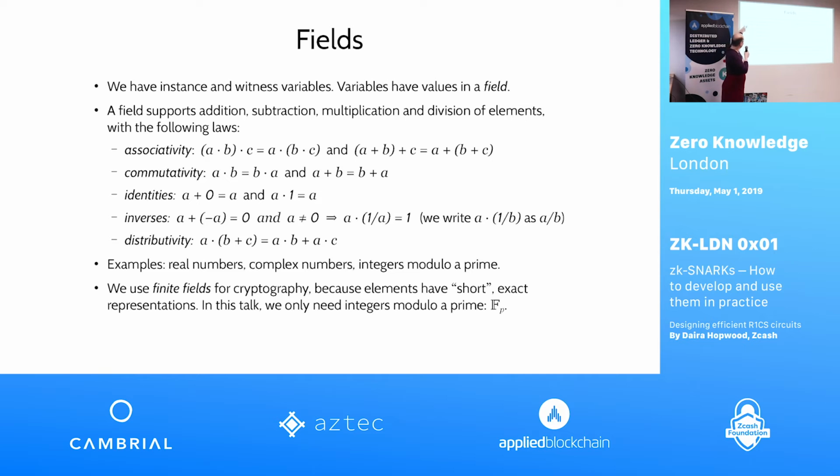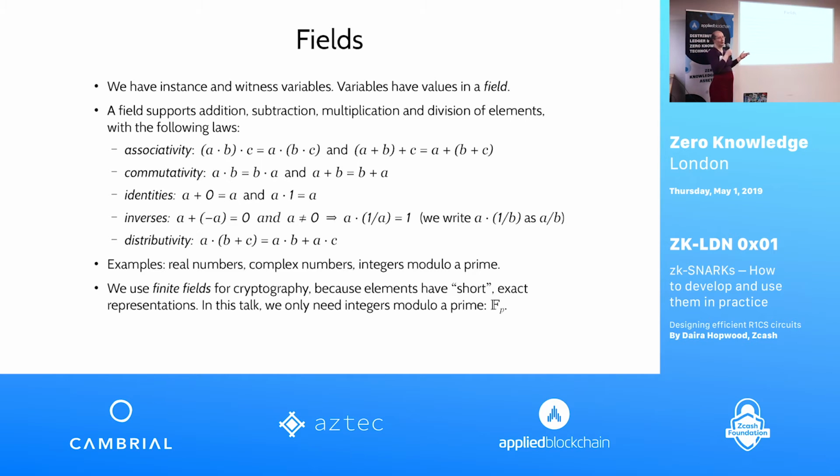So here are the algebraic rules that a field follows. You have the properties that you might expect for the integers also work in fields. And inverses is an interesting one here because we don't have an inverse for 0, but we have an inverse for every other element in the field.